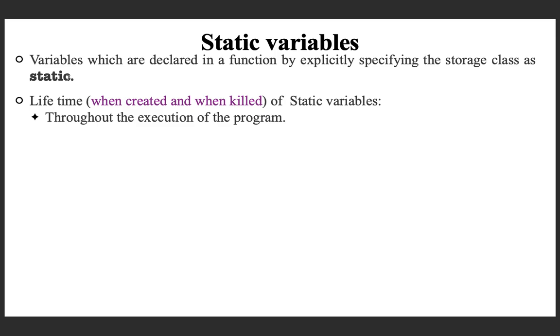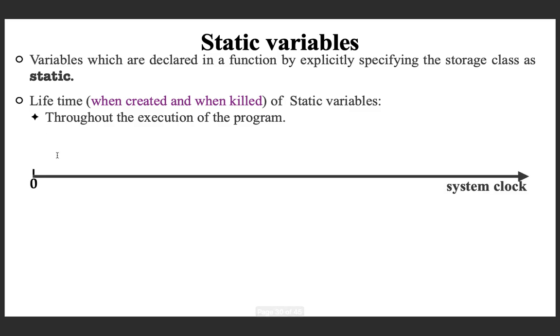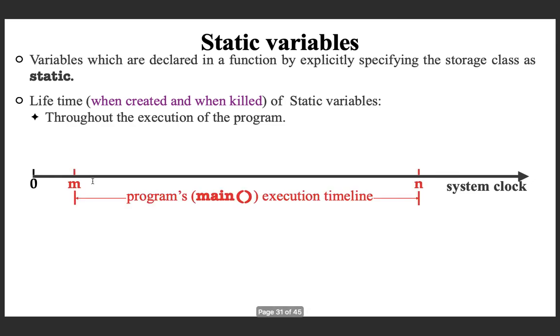So all those static variables get memory allocated the moment the main function is called for execution. We can try to understand by looking at the timeline. Suppose this is the timeline for your system. The system clock goes like this, and assume that after some time the operating system starts your program executing. Your program starts execution at time point m, and assume that your program terminates at time point n.